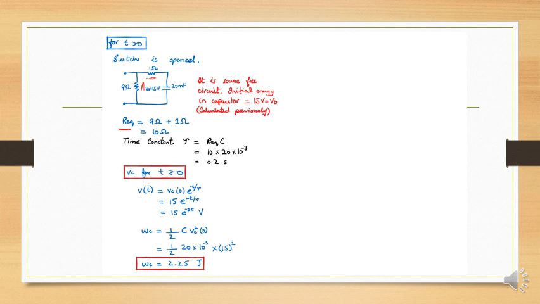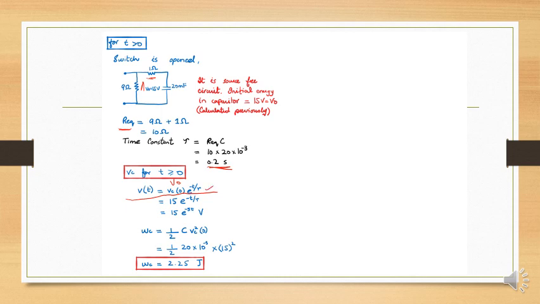We got 10 ohms. What is the time constant? The time constant in case of an RC circuit is R multiplied by C. We are just going to multiply the value of C with R, and this is the time constant. Now the formula we derived previously, V of t is equal to Vc of 0, or we also called it V naught, into e raised to power minus t over tau.